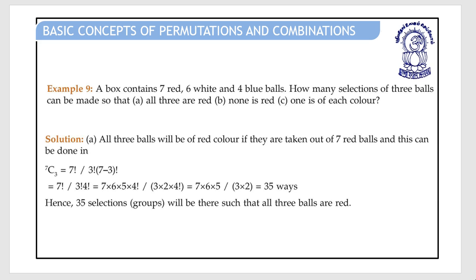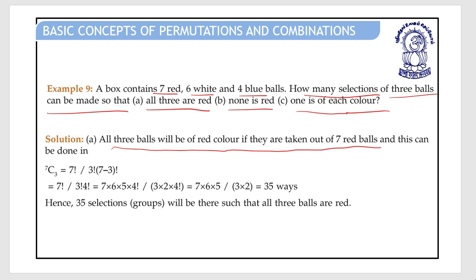Next, example number 9. A box contains 7 red, 6 white and 4 blue balls. How many selections of 3 balls can be made so that all 3 are red, none is red and 1 is of each color? All 3 balls will be of red color if they are taken out of 7 red balls. So 7C3. So 7 factorial upon 3 factorial into 7 minus 3 factorial.